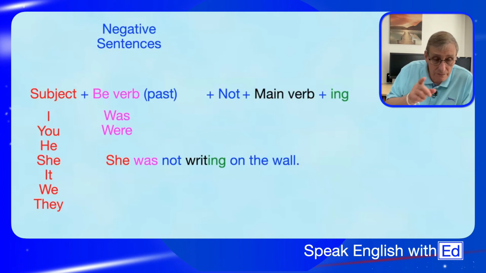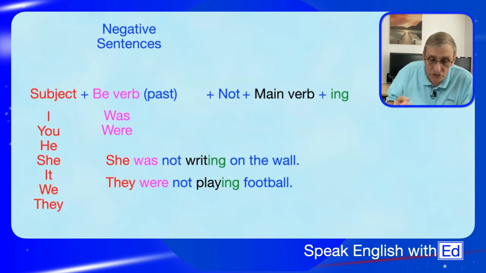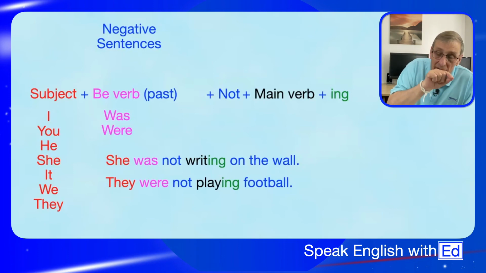She was, correct subject, be verb, writing, main verb plus ing, on the wall. She was not writing on the wall. And they were, again, they were not playing football. So you add the word not in between the be verb and the main verb.